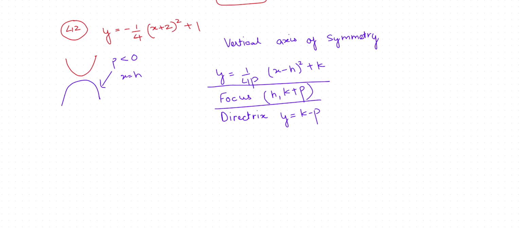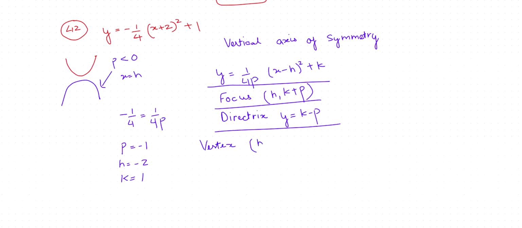So if we match to this, we see that negative 4 is equal to 1 over 4p. So p is given as negative 1. If we see, h would be negative 2 and k is 1. So the vertex here is (h, k), which is equal to (negative 2, 1). Okay, and now let's find.